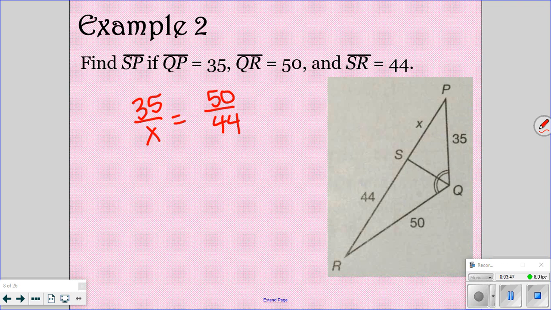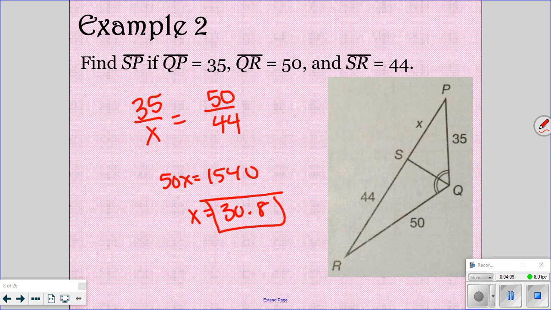And then you're going to cross multiply and divide. To get 50x equals 1540. And then x would be 30.8. So that's the length of SP. So that's how that one would work.